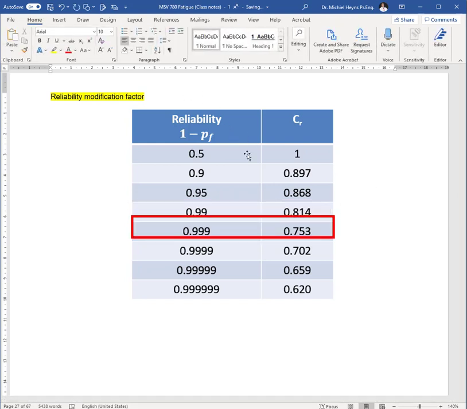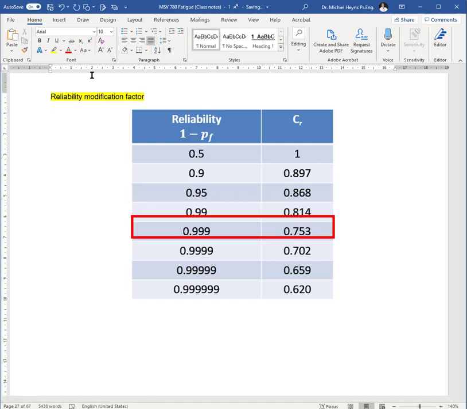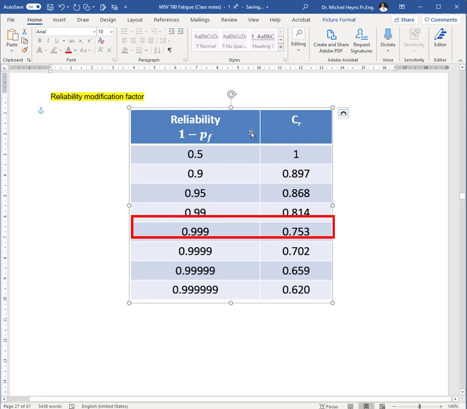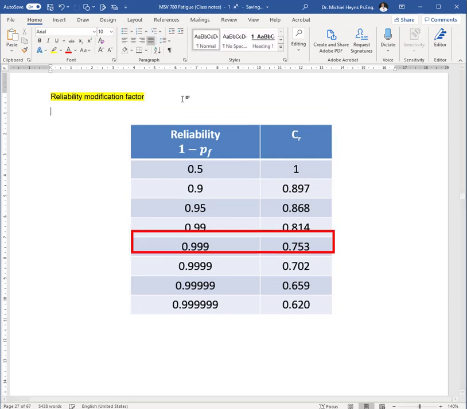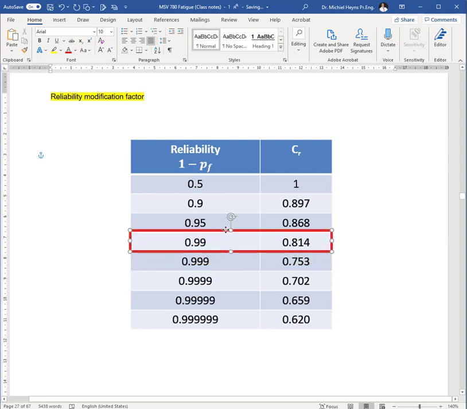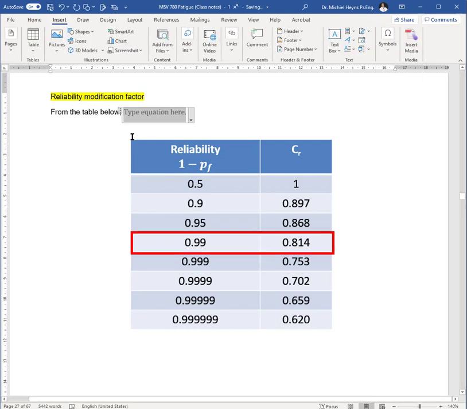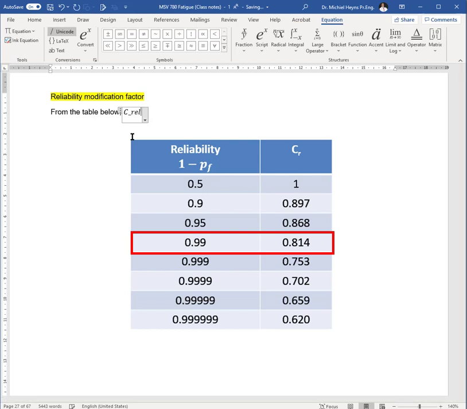I don't know what happened here now. It doesn't want to. Okay, there's the enter now. So let's move this one up. So we can say, from the table below, C reliability is equal to 0.814.